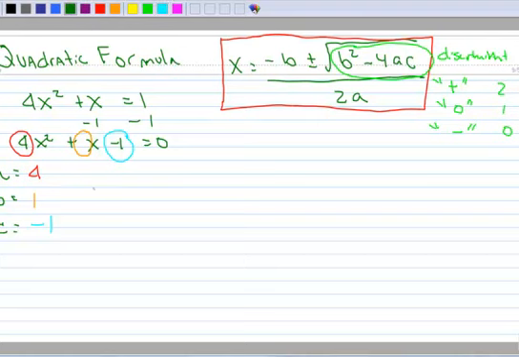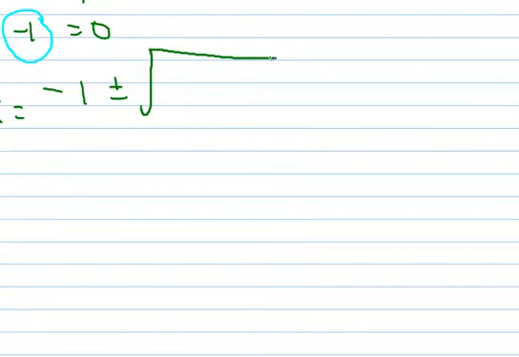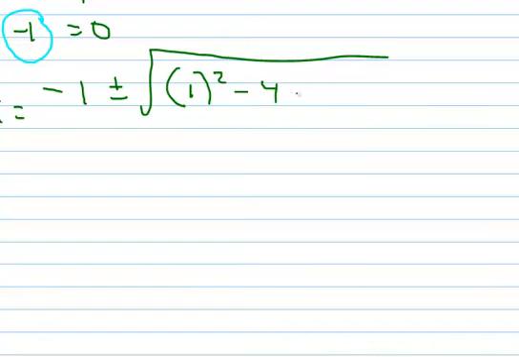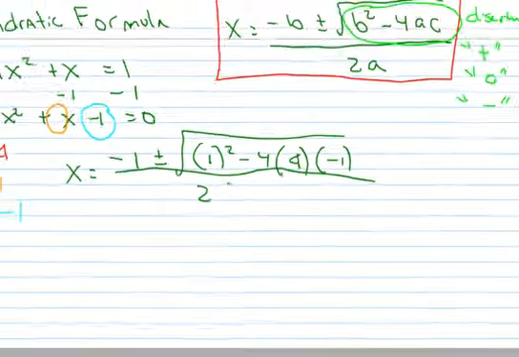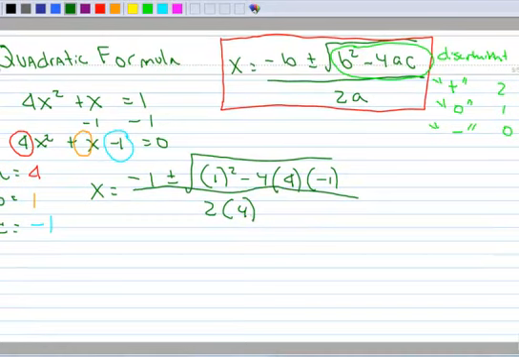So now I'm just going to put them in the quadratic formula. So it says negative b, b is 1, plus or minus square root b squared, well there's b, there's 1, minus 4 times a is 4, c is negative 1, all over 2 times a.